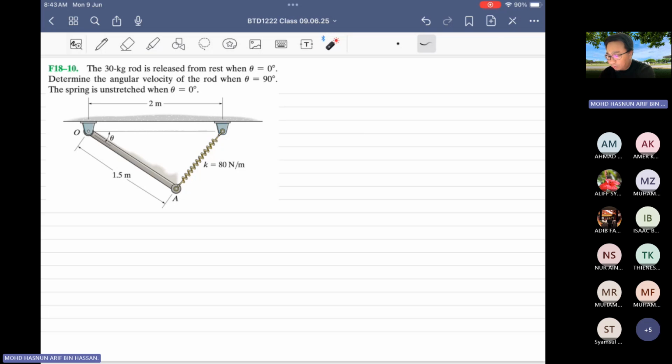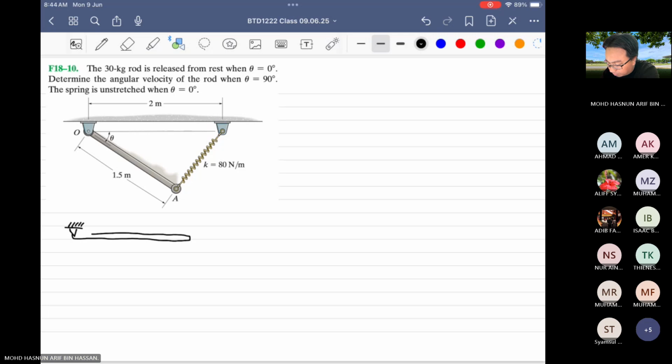So the first thing that we need to do is to draw the position of the object. When theta equals 0, the rod is somewhere here, the initial position.